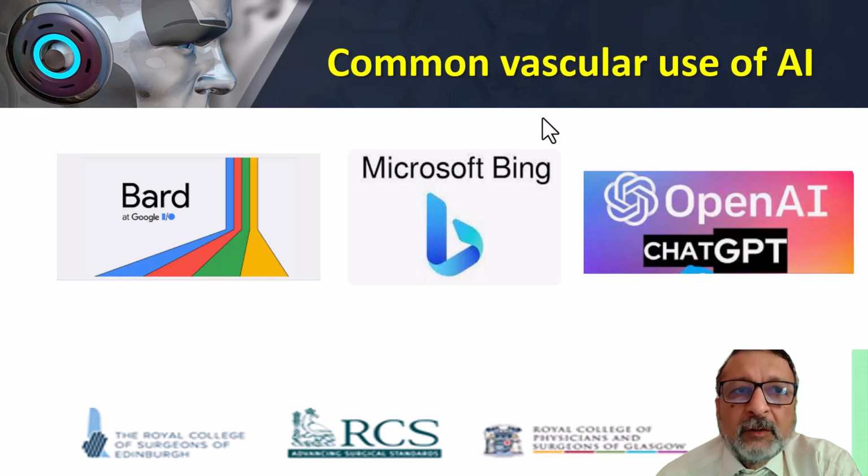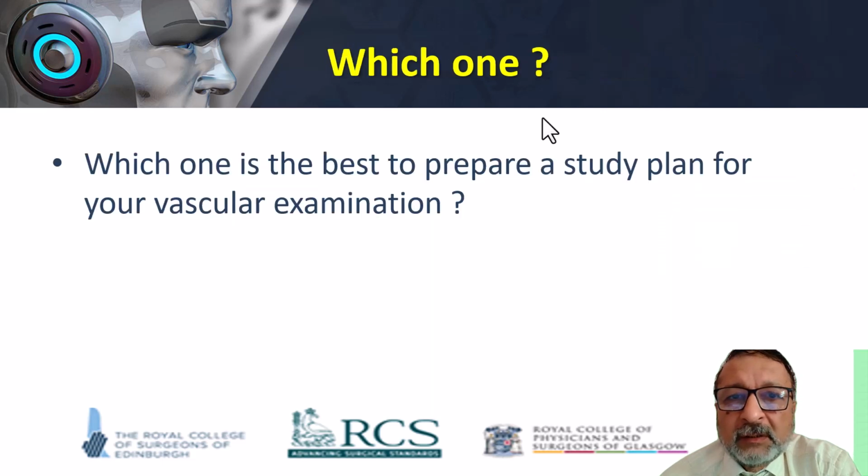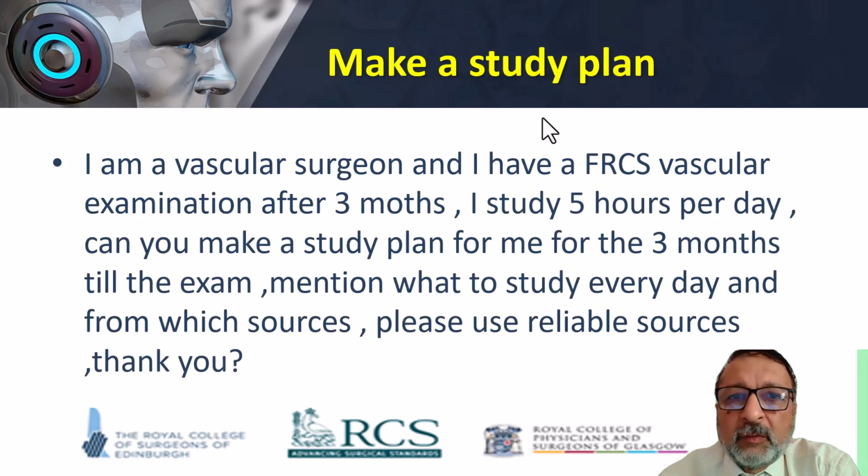My question is, which one of them is the best in order to prepare a study plan to study on? Let us try to answer this question. We will see from the replies to this question.